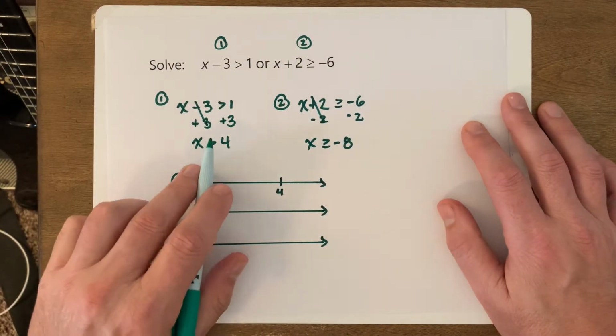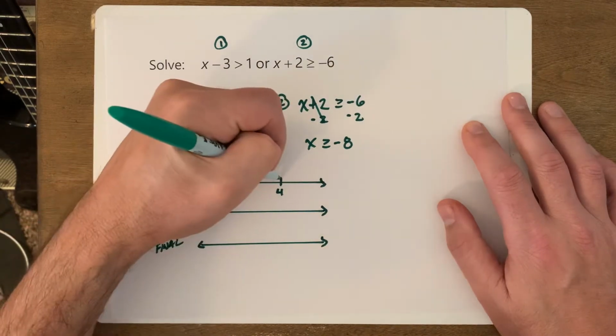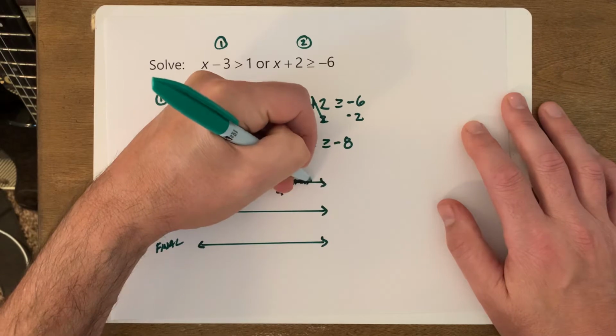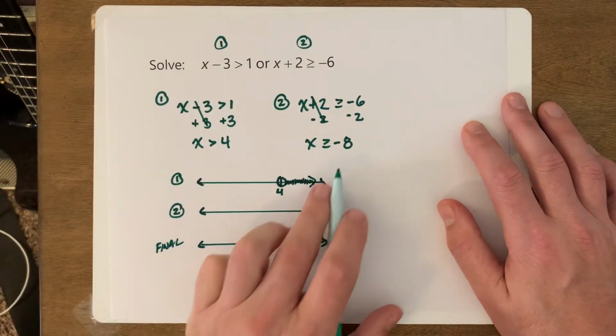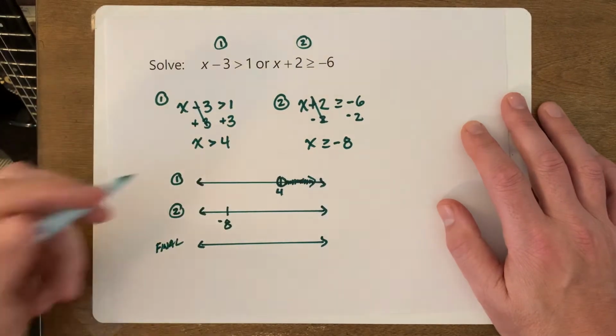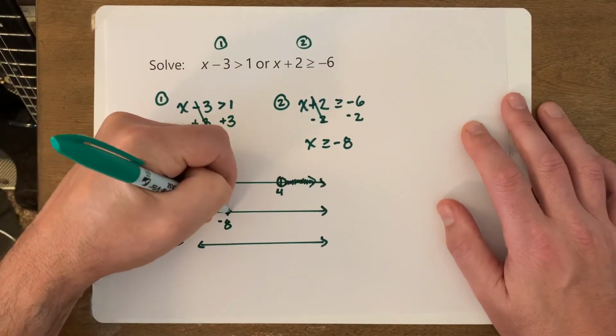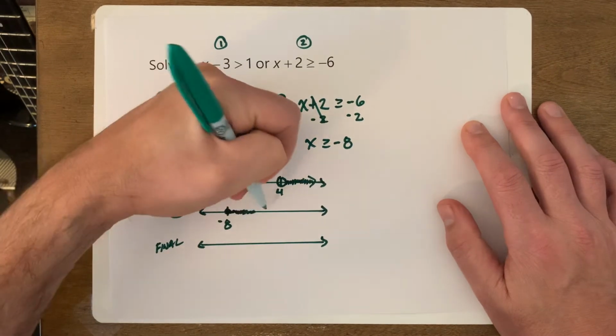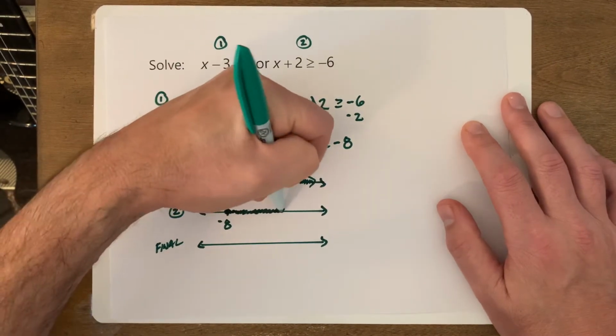For this one, I'm going to have an open circle, shaded to the right. For the second one, I've got a negative 8 sitting over here. It's a closed circle, and it's shaded to the right. All of that's going to keep going.